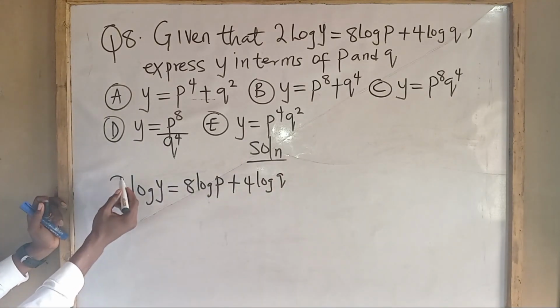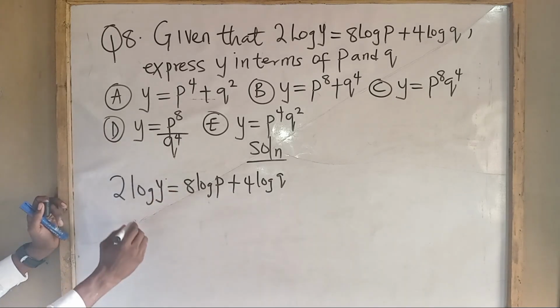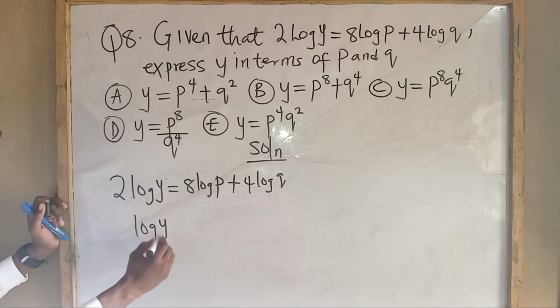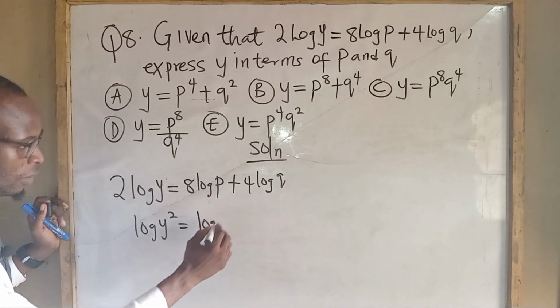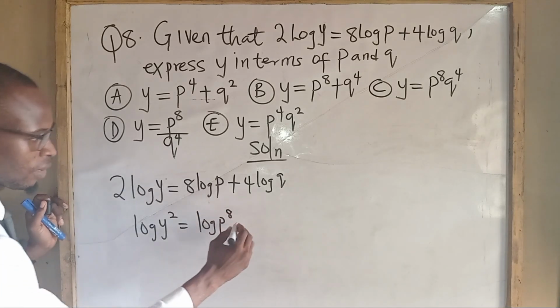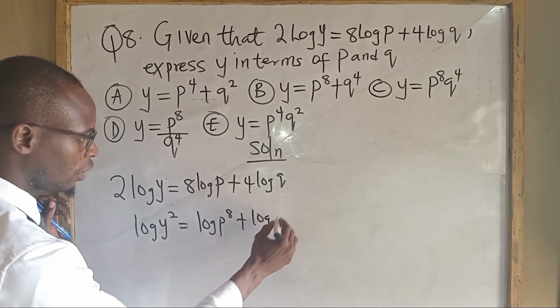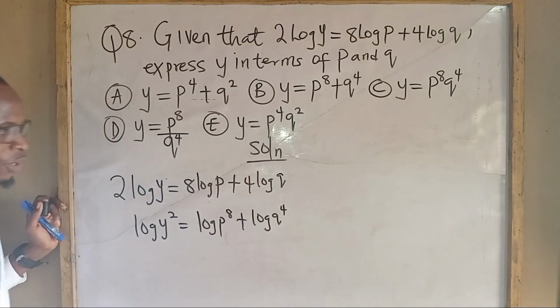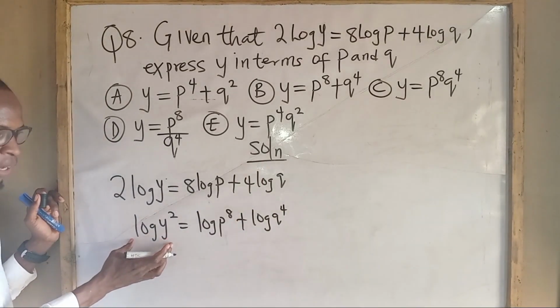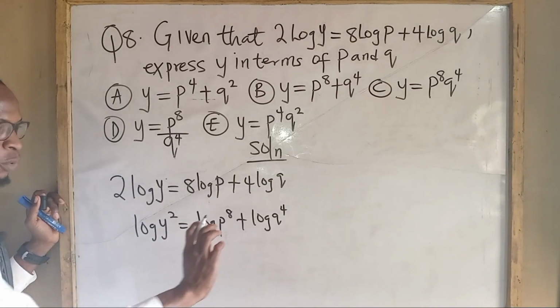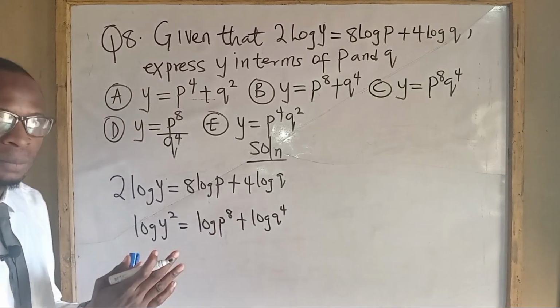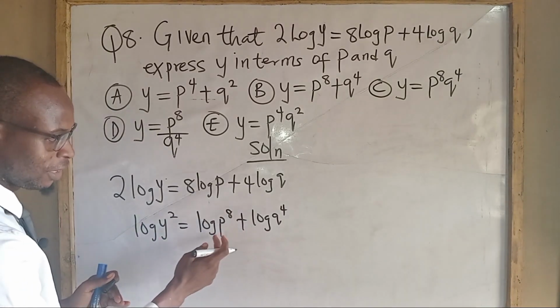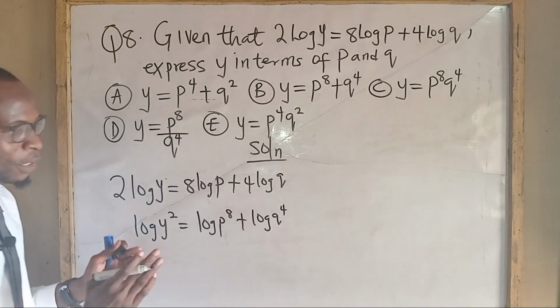I can take these 2 back to the power of this. So this is going to be equal to log y raised to power 2. I can also change this to log p raised to power 8 plus log q raised to power 4. So I have just one log here, but I have 2 logs here. So they are connected with addition. And the rule of logarithm, whenever you have an addition between 2 logarithms, as far as their bases are the same, you are expected to multiply.